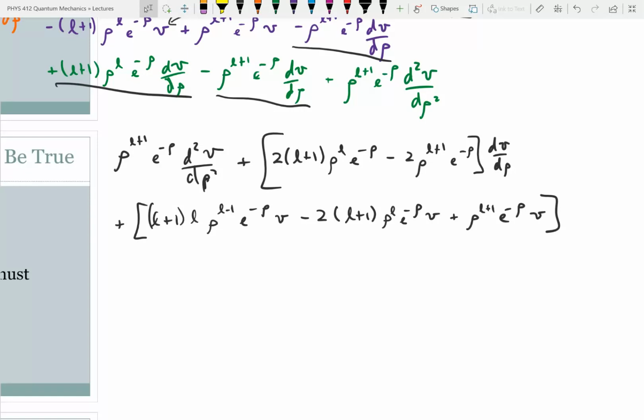Would you write this a simpler way? I think we really should. Notice we have e to the minus rho that can be pulled out of every single term.